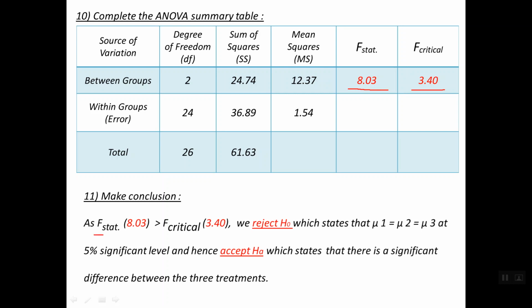Because the value of the F statistic, which is equal to 8.03, is larger than the value of F critical, which is equal to 3.40, we reject the null hypothesis. And the null hypothesis states that the three means are the same at 5% significant level, which means that because we reject the null hypothesis, we accept the alternative one.